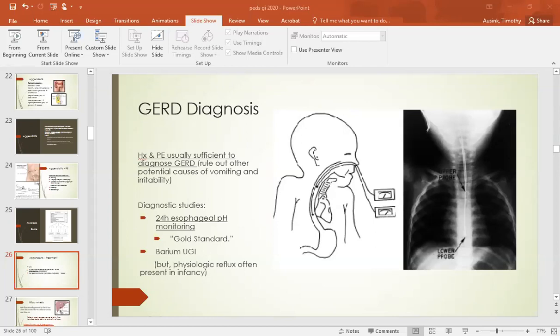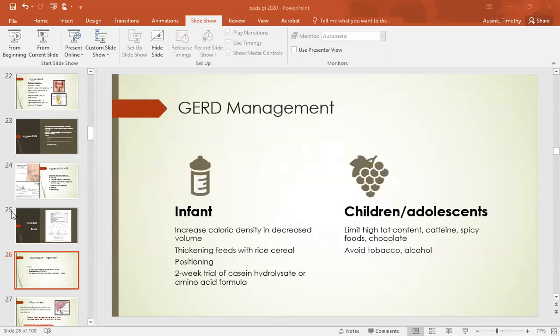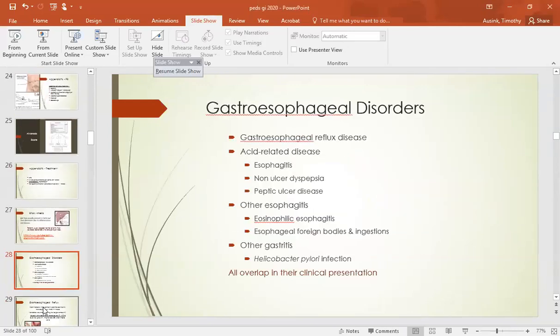But the gold standard of treatment is the barium upper GI, okay? So that's going to show us basically how that sphincter is working. You can do 24-hour esophageal pH monitoring, which is going to be, in this case, your gold standard. So sorry, I said the upper GI, but it's the esophageal pH monitoring.